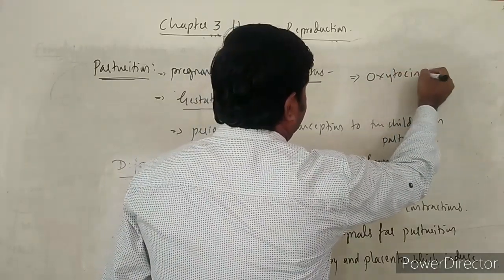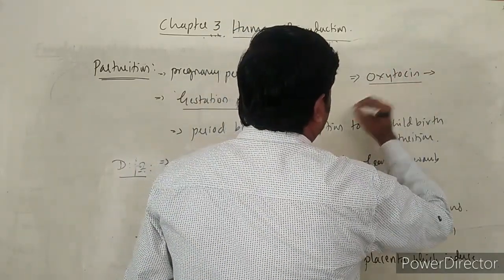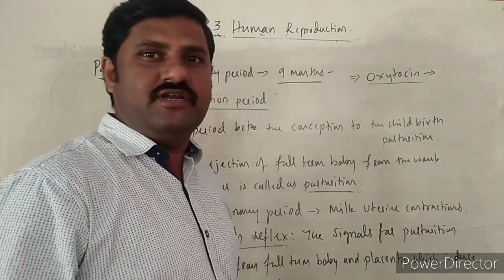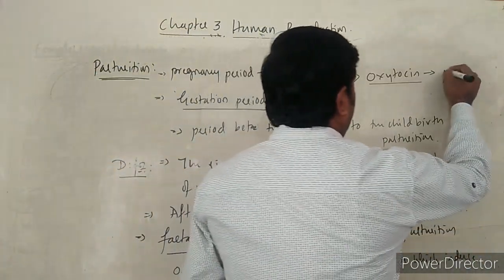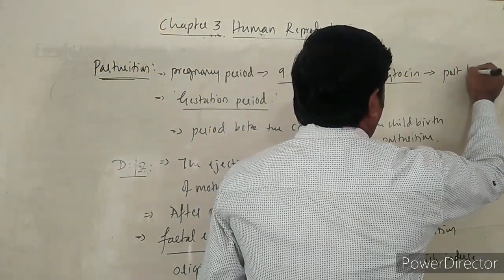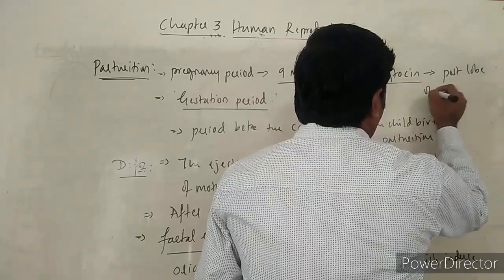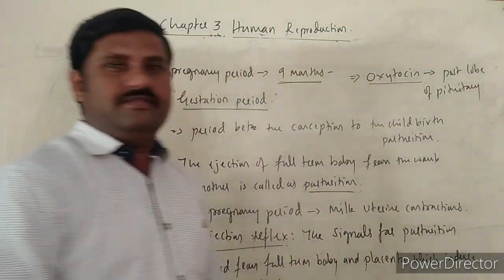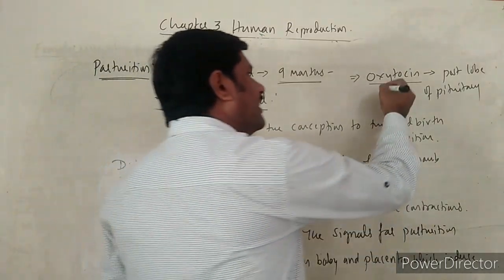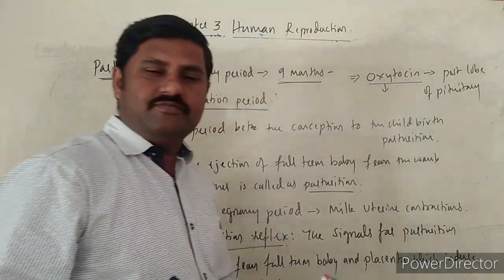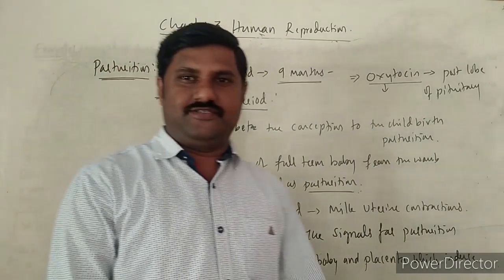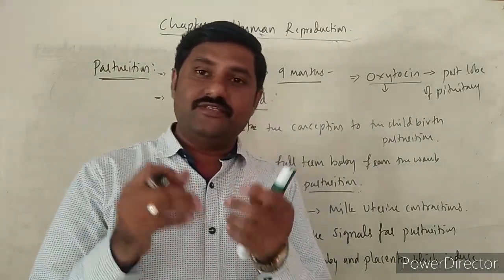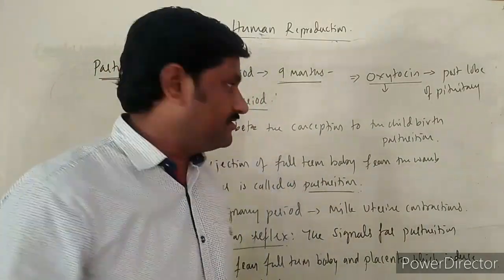Oxytocin is the hormone which is released by the posterior lobe of the pituitary. So this oxytocin, once again, induces mild uterine contractions, right?